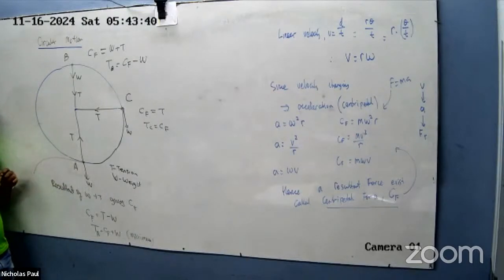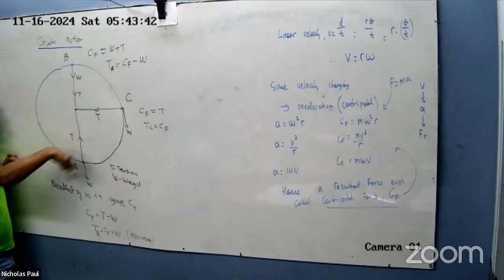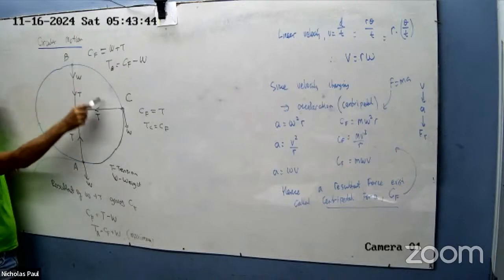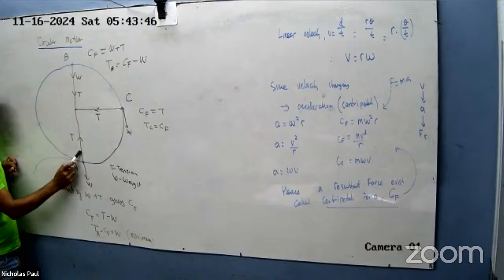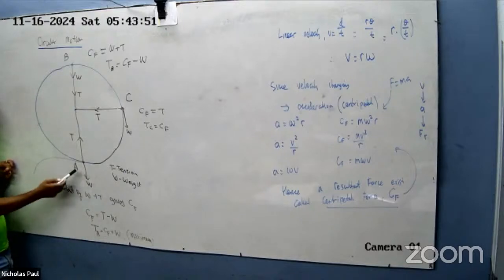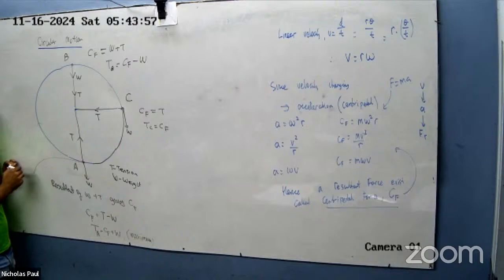Because tension is maximum, it will travel a path like that. What type of motion does it look like? Parabolic motion, right? So I can take a circular motion question and turn it into a projectile motion question.